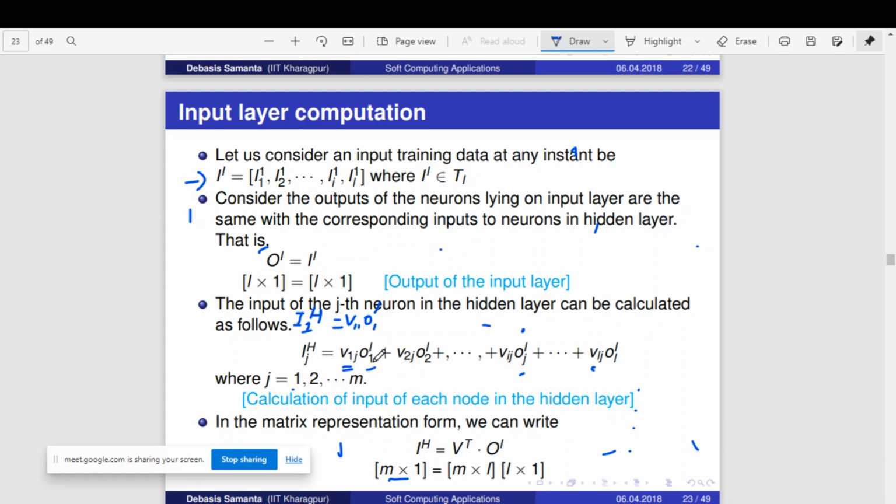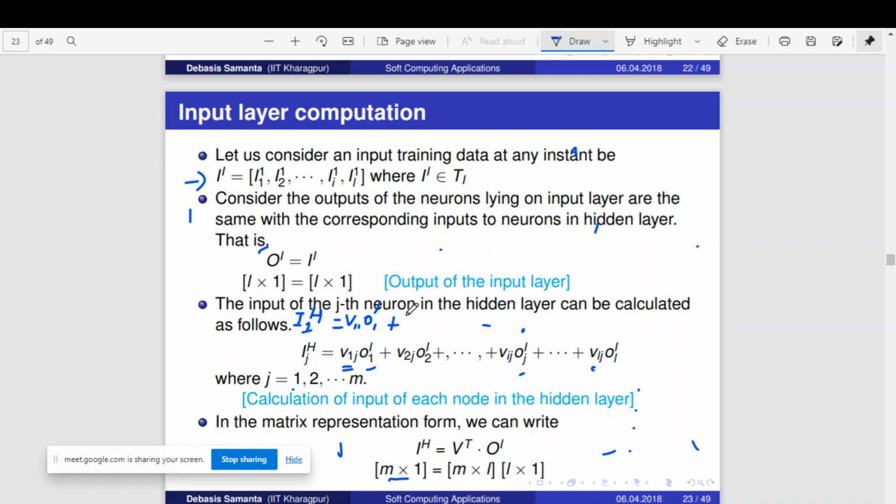Okay, what is O1I? It is the output of the first neuron of the input layer. This top I represents what? Input layer. So this is the output from the first neuron of the input layer.